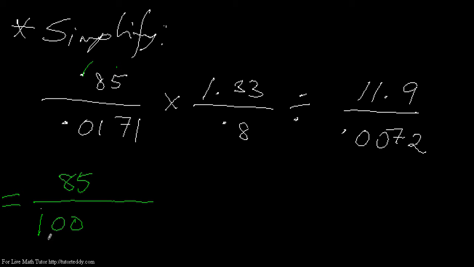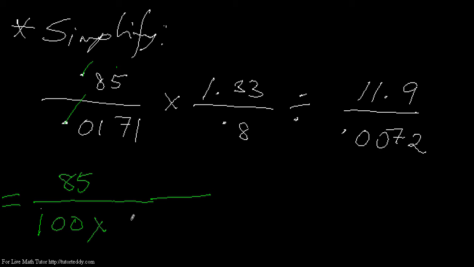That means 2 zeros after 1, and then I have this number 0.0171. If we want to remove this decimal point, we can divide this by 10001.